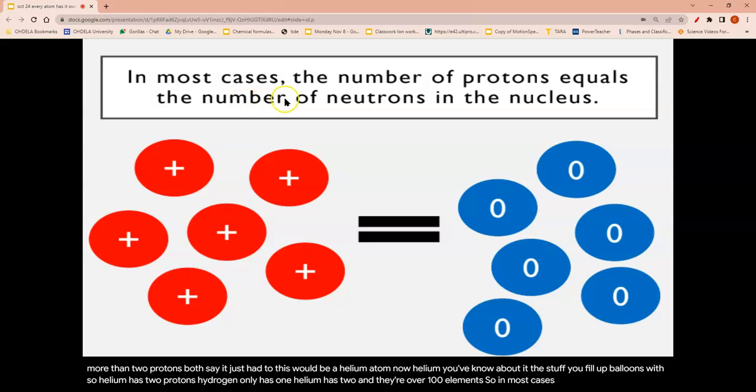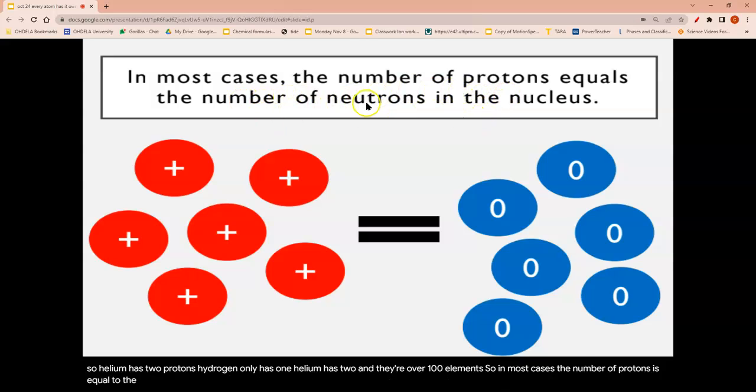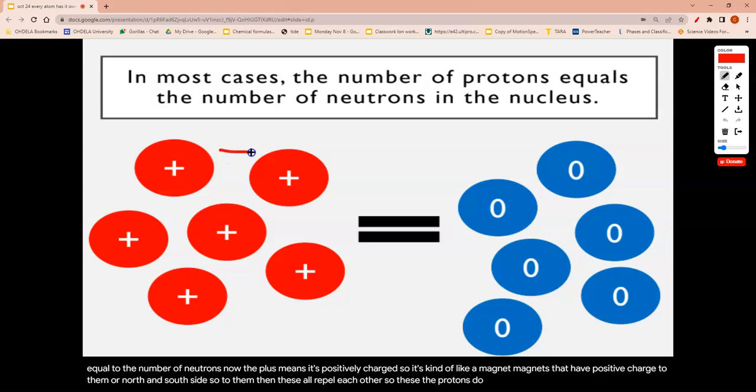So in most cases, the number of protons is equal to the number of neutrons. Now the plus means it's positively charged. So it's kind of like a magnet. Magnets that have positive charge, or north and south sides, repel each other. So the protons don't want to stick together.